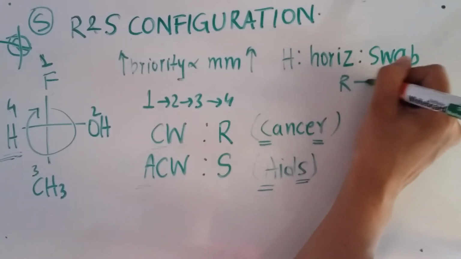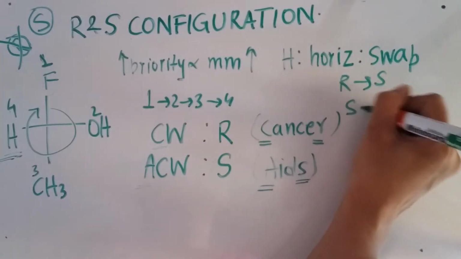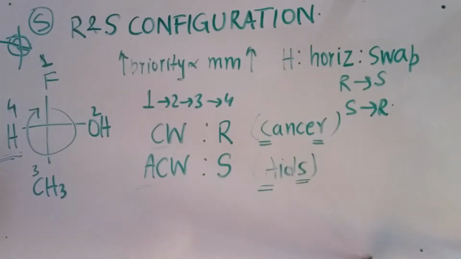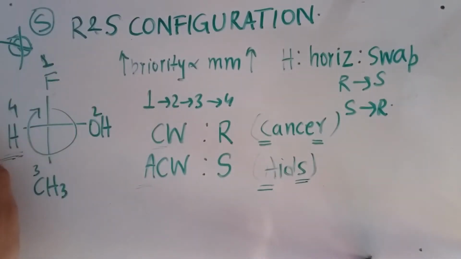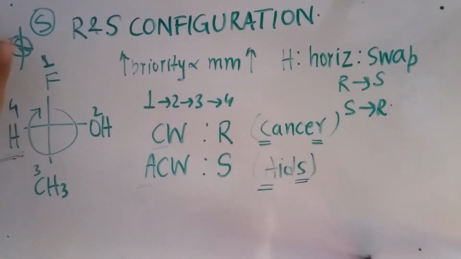R goes to S and S goes to R. So if hydrogen was over here instead of over here, then my answer would be correct. But now my hydrogen is in the horizontal position, so I'm going to do all this work and then swap my answer from R to S, so our molecule over here is of the S configuration.